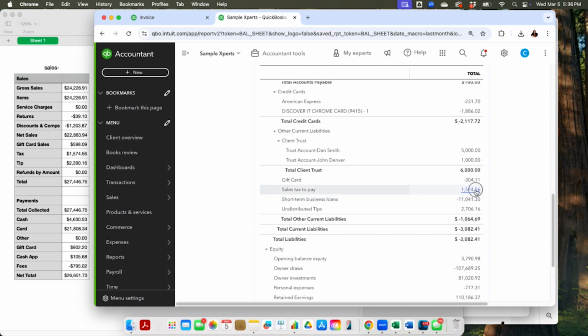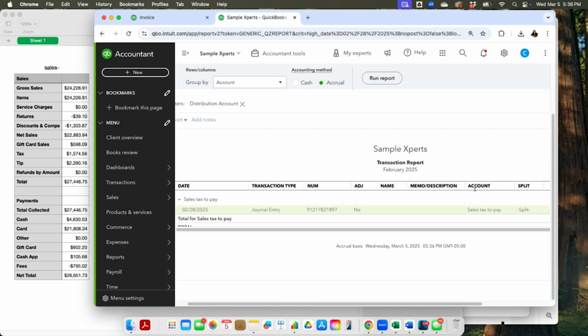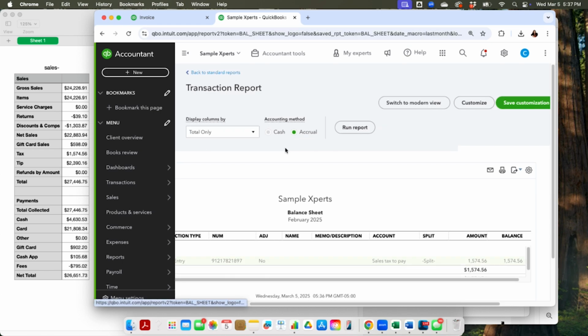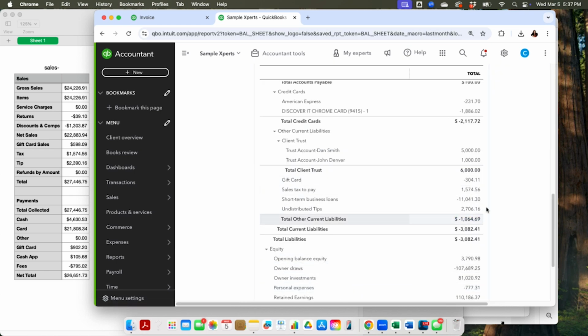If you want to check if it's right or wrong, you're going to click over here and see the details. And sometimes, if you have multiple transactions here, you can send it to Excel and make sure that you calculate only the current sales tax to make sure that this number is correct for the current period, according to Square transactions.